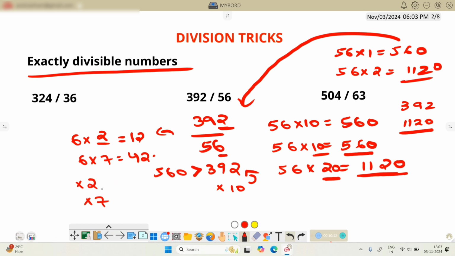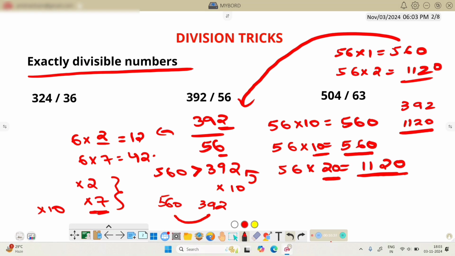Now how will you decide? If you compare 560 and 392, these two numbers are a little bit nearer, right? So your answer should be nearer to the multiple of 10.